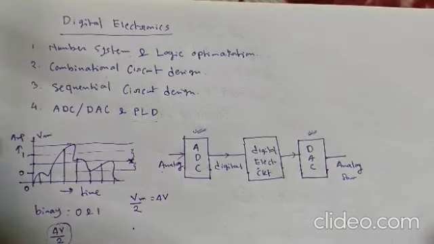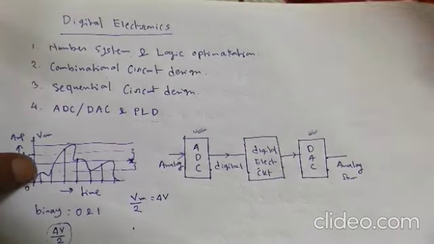Now in this class we are going to understand the number systems. Number system is important because the signals are represented by digits, and those digits come under the number system.